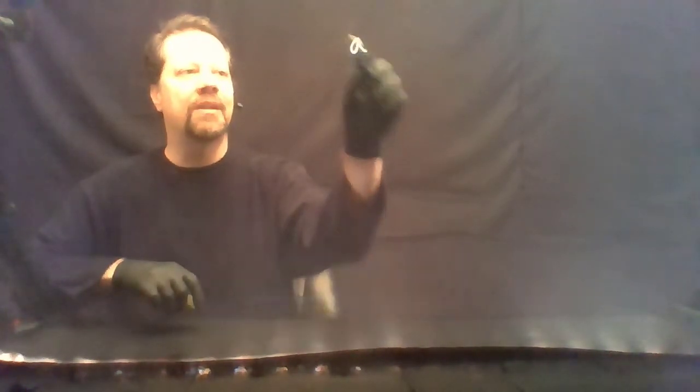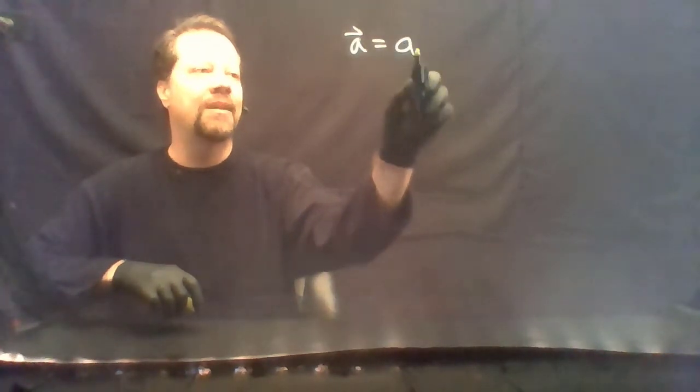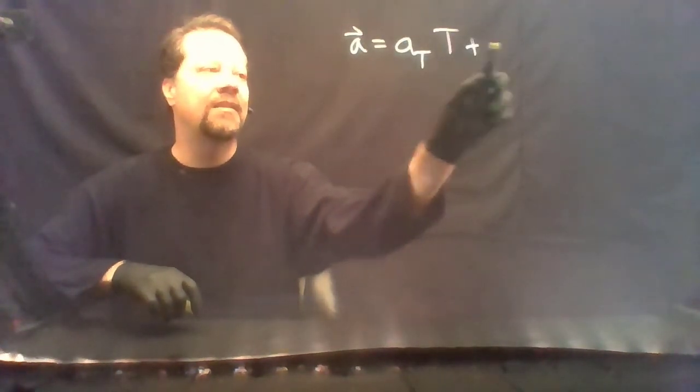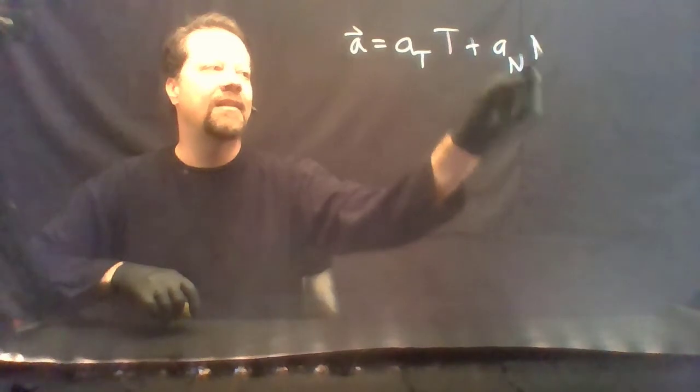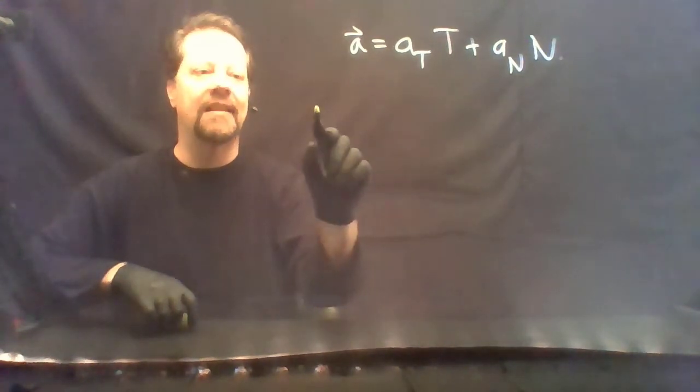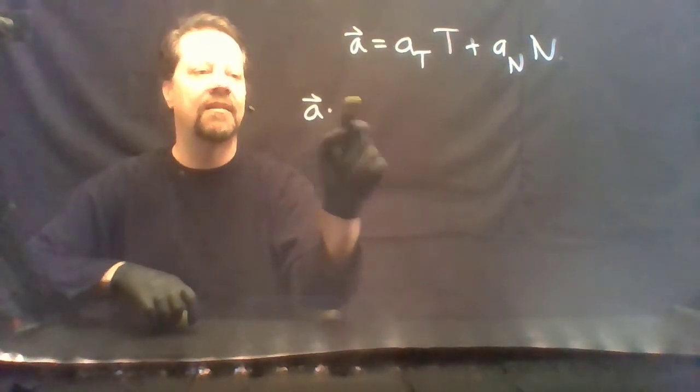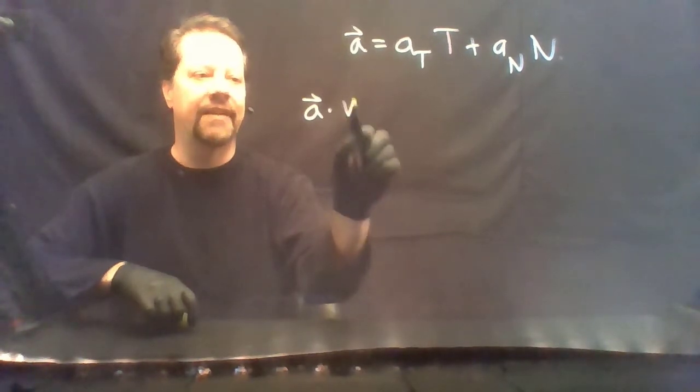Now, it would be nice to have simple formulas for the tangential and normal components of acceleration. So we're going to start with A equals A_T times T plus A_N times N, and I'm going to dot that with the velocity vector.